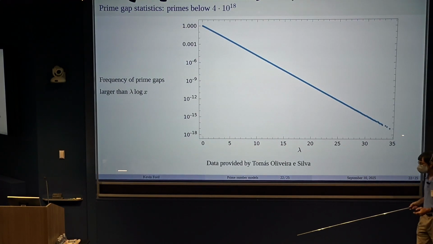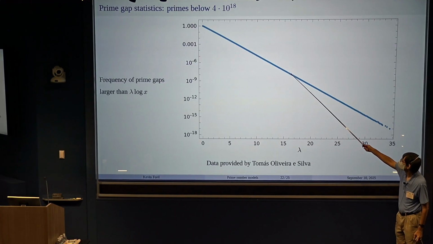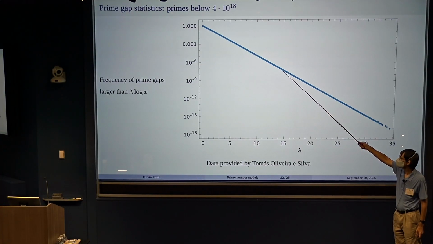And this is some actual prime data. I'm getting ready to finish here soon. These are for a particular x, 4 times 10 to the 18th, and this is the value of lambda, on a logarithmic scale. This is the proportion of primes whose gap is at least lambda times log x.